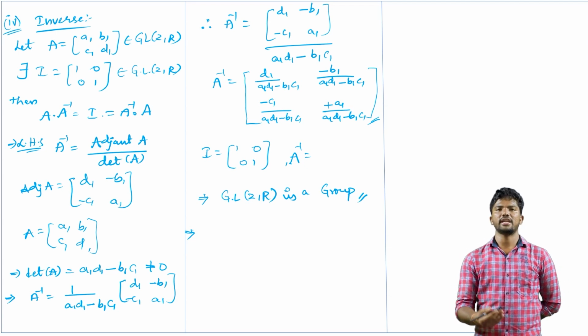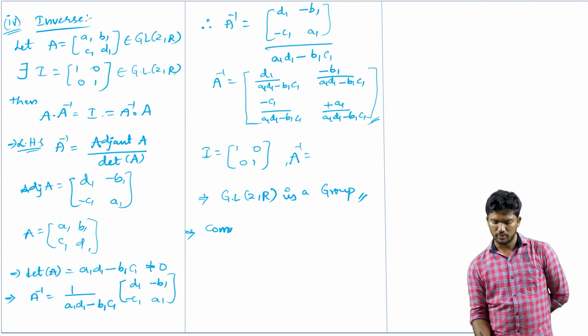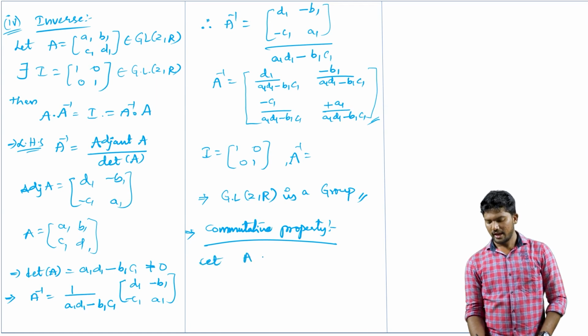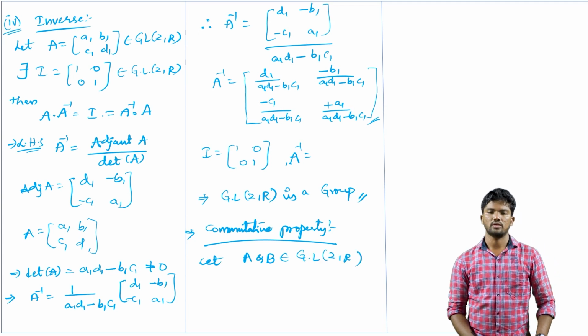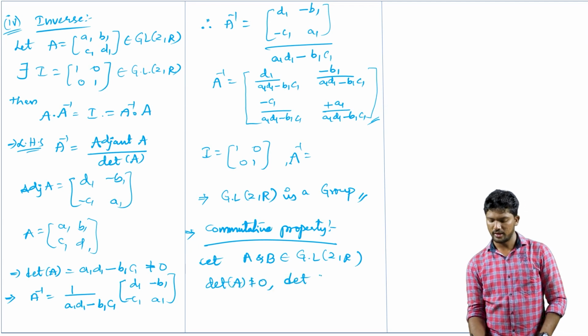Now the next condition asks: show that it is a non-abelian group. Non-abelian group means not an abelian group. To prove that, we have to take the commutative property. So let A and B be any two matrices in GL of 2 comma R, with det of A not equal to 0 and det of B not equal to 0.